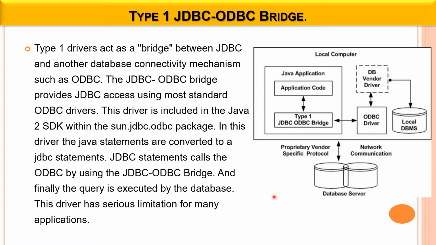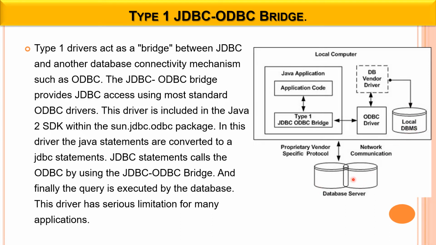On the right-hand side, the figure shows the local computer having the Java application. The application code is there, and type 1, that is the JDBC-ODBC bridge, is given here. The ODBC driver is the next part, which is concerned with the database vendor driver and the local DBMS.